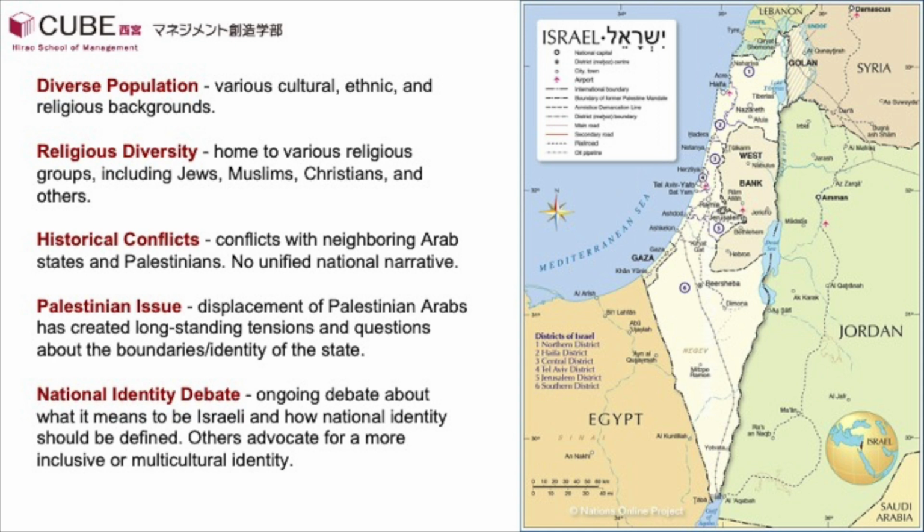But despite all of these complexities, Israel is often considered a nation state because it was founded with the goal of being a homeland for the Jewish people. The Jewish national identity is central to its identity and self-definition. Again, though, the presence of diverse communities and ongoing geopolitical issues make the concept of nation state in Israel a subject of debate.